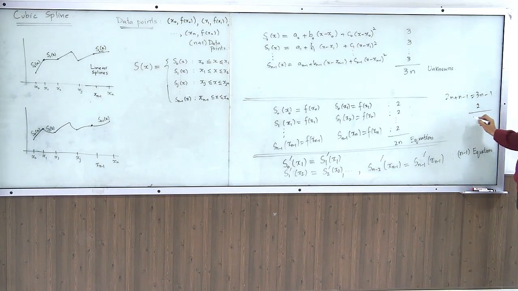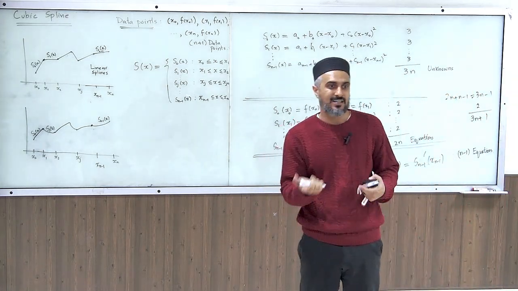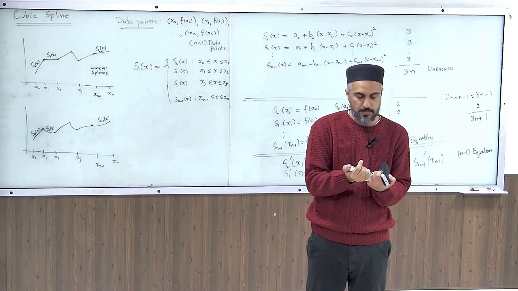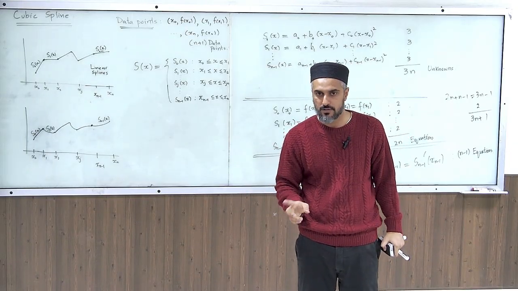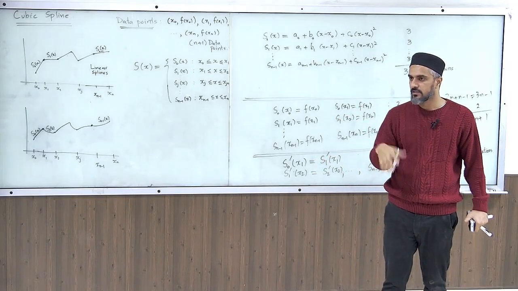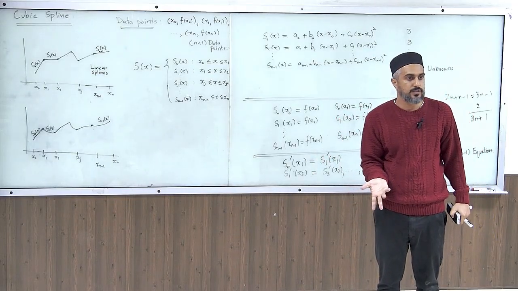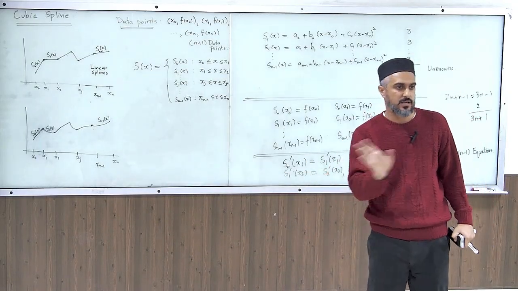So the total equations will become 3n plus 1. If I have more equations and fewer unknowns, I may not be able to reach a unique solution, because if the equations are more than the variables, we may not have a unique solution. A unique solution is always possible when the unknowns are the same as the equations.